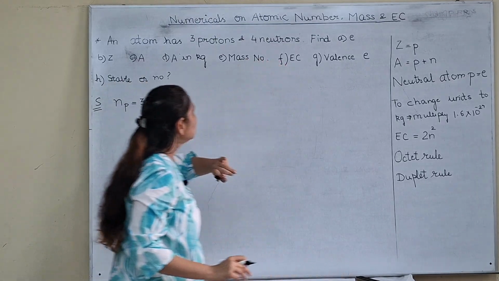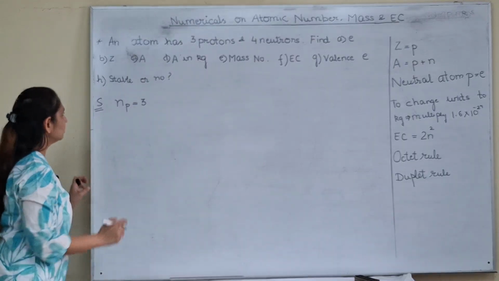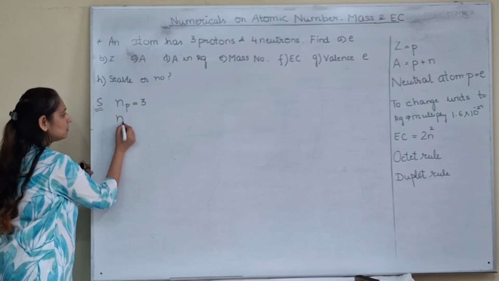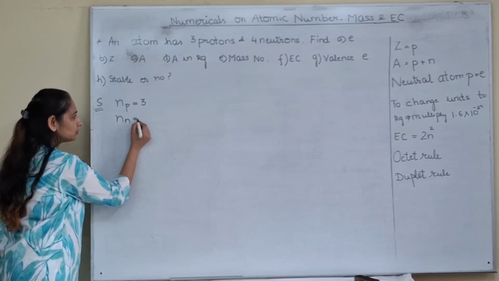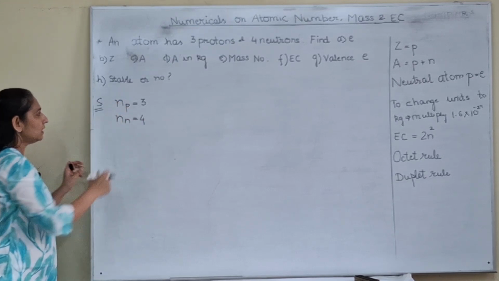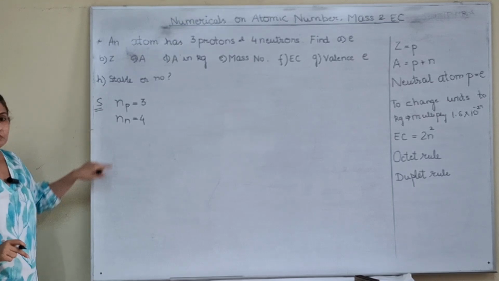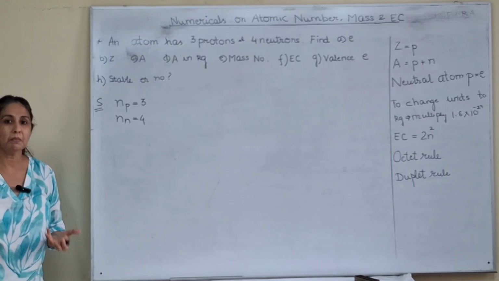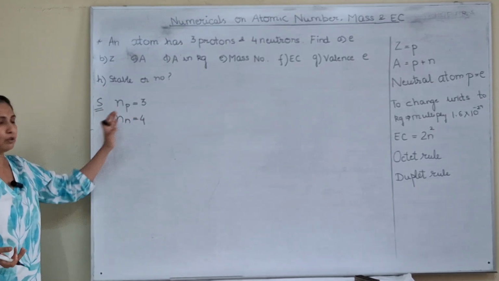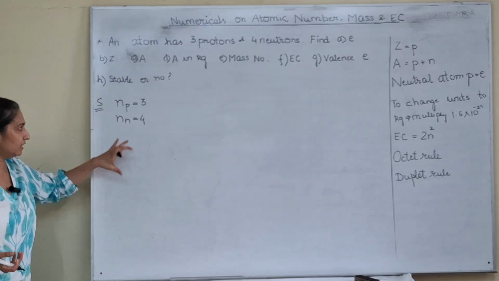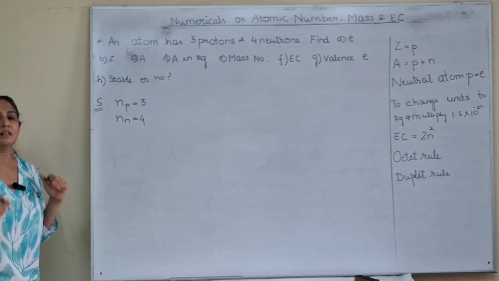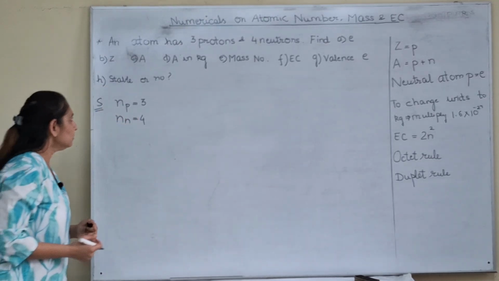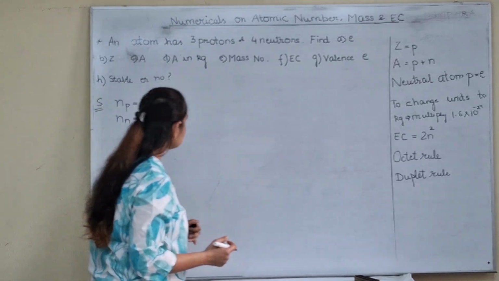And 4 neutrons. Number of neutrons is equal to 4. Why are we writing n here? Because sometimes we have to use the mass also. Mass of proton, mass of neutron. That's why we're clarifying कि ये जो है, this is number of neutrons and number of protons.